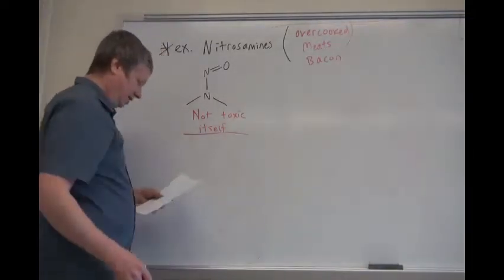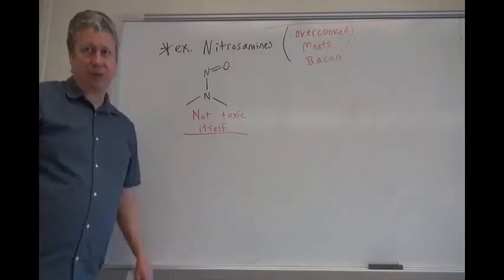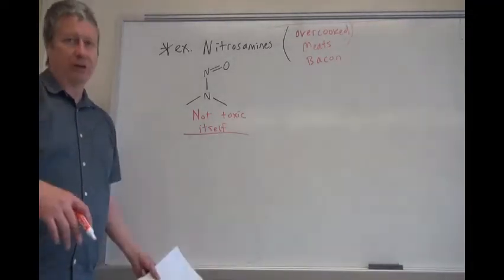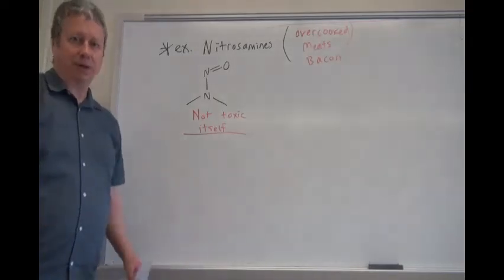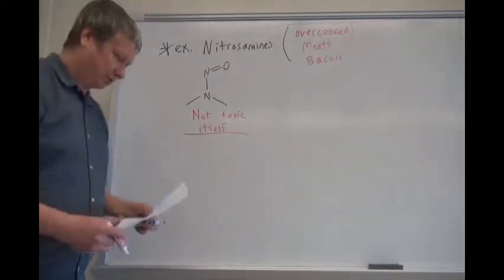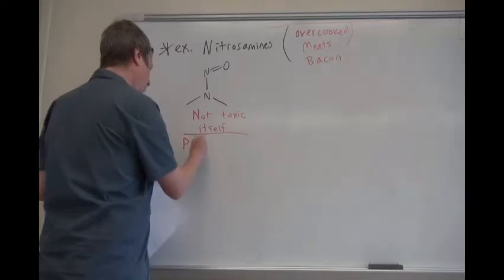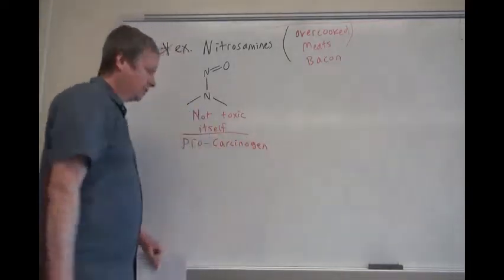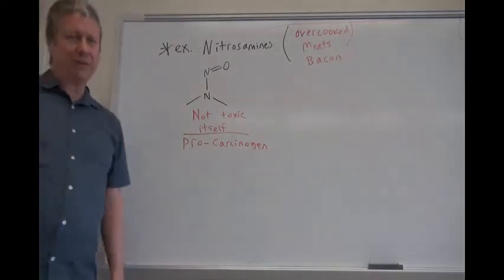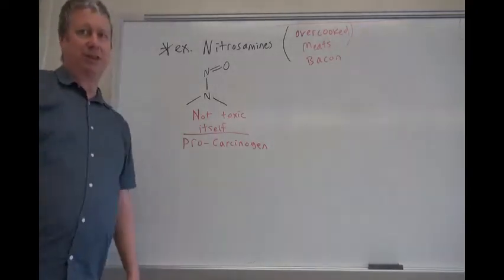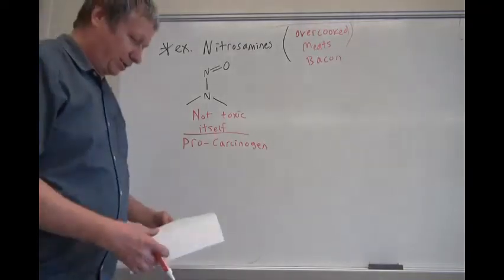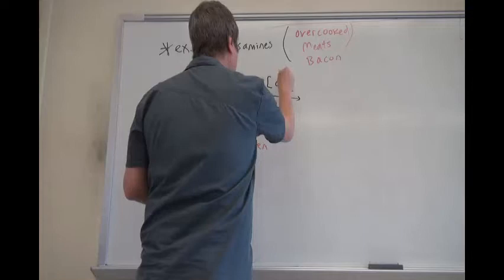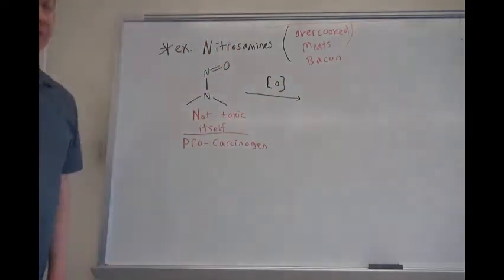We talked about prodrugs. What's a prodrug? A prodrug is something that is not a drug, but it gets activated and becomes a drug. Well, this is a procarcinogen. So it's going to be activated, and then it becomes carcinogenic. And how does that happen? Oxidized through P450 usually.